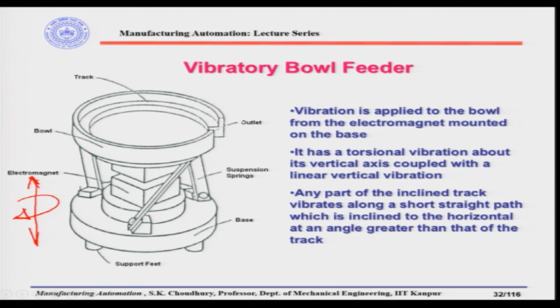This is the linear vertical vibration, and there is a torsional vibration. Because of that, the small parts which are located at the base will be forced to ride along the track of the bowl feeder, and they will come out of the exit.